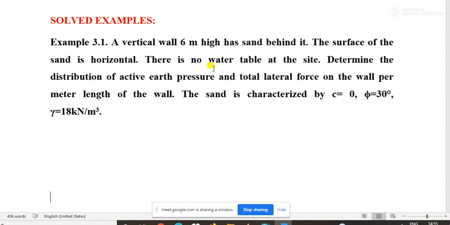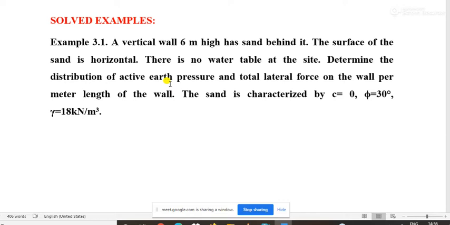Now determine the distribution of active earth pressure. That means you have to calculate the values of active earth pressure at the top and at the bottom of the retaining wall, and draw the pressure diagram that I discussed in the previous class.